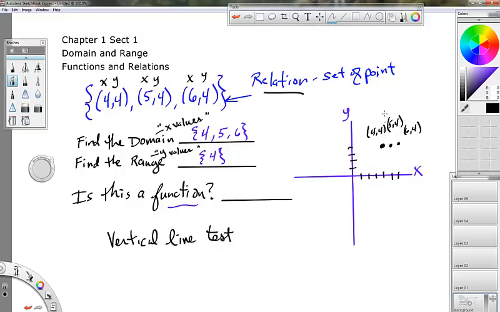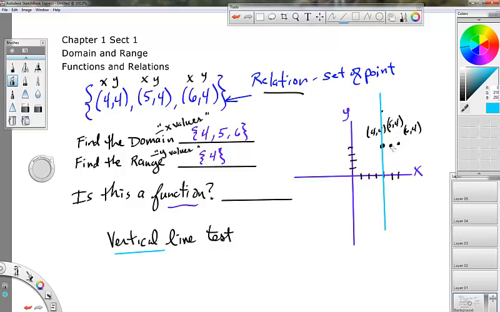But the vertical line test is basically a straight up and down line. If you could imagine a straight up and down line, I'll make it in some kind of wild color here, like maybe light blue. You can only hit this graph, these black dots, once.